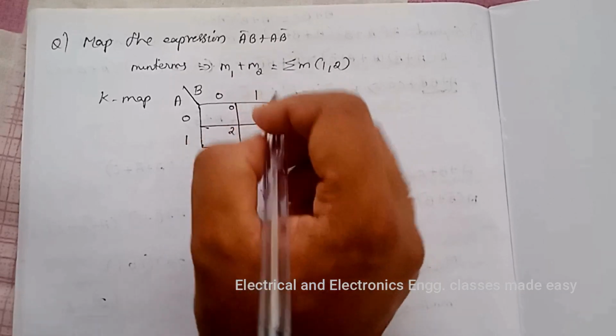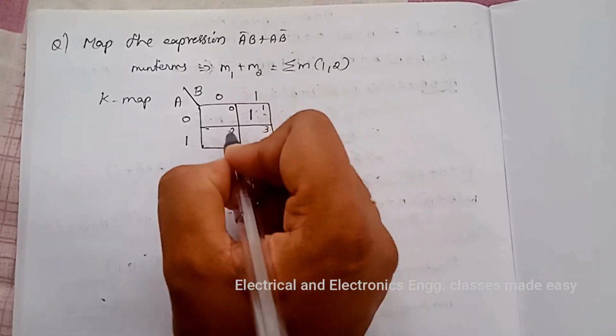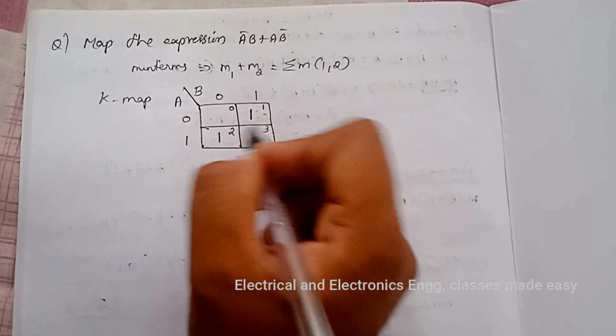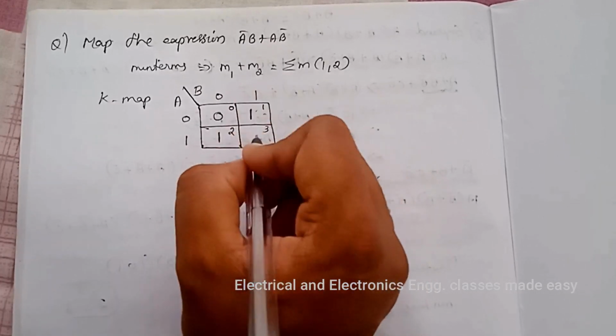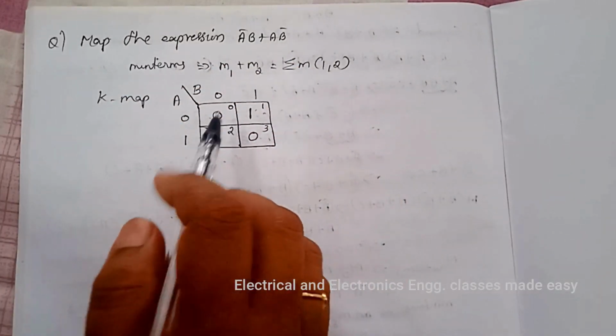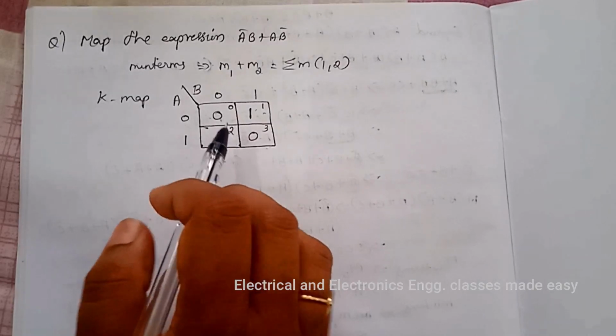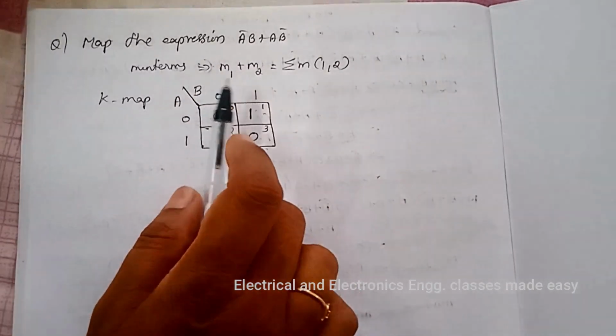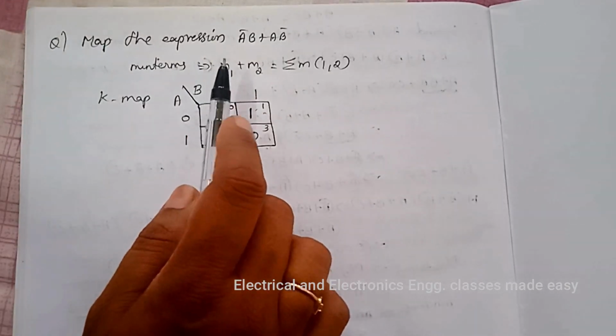So 1 is this one, so put a 1 here. For the present terms put a 1 in the squares, and for the absent terms put 0. So this is the mapping of this expression, and this is the case for the SOP forms.